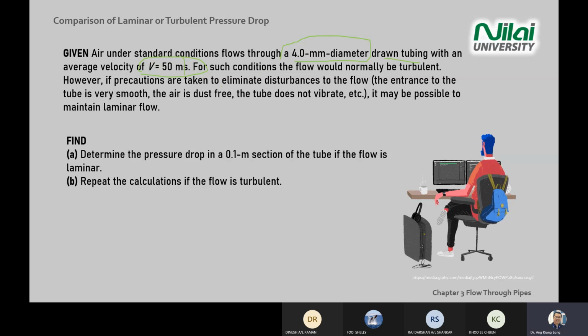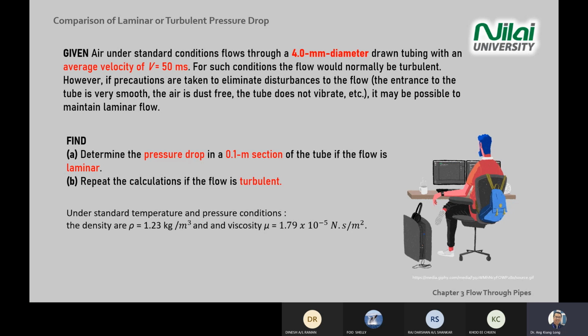You need to calculate the pressure drop at a 0.1 meter section if the flow is laminar, and then what happens if the flow is turbulent. I'm going to go very fast on this example. For standard temperature, we are using air. The rho is 1.23 kilograms per meter cubed, with the viscosity given by this value.